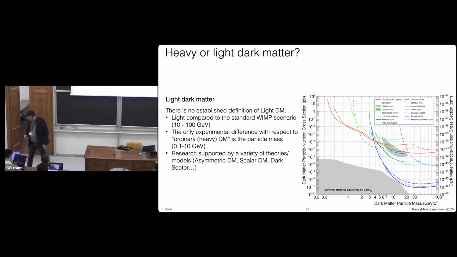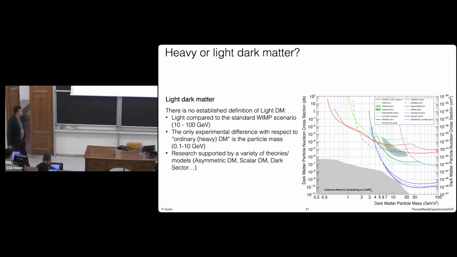So whatever is below this number, down to, I don't know, a few tens of MeV, goes under the name of light dark matter. And nowadays there are some theories or models that support these dark matter masses, so it's not just randomly picked.